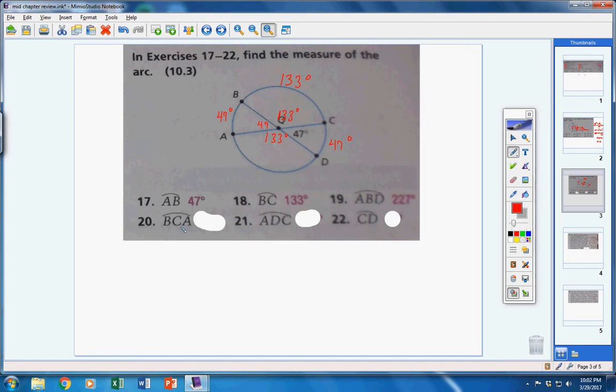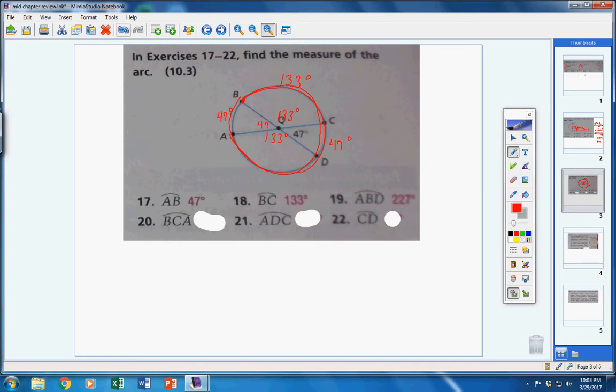Now, how about arc BCA? So from B all the way to C, all the way to A. Now guys, please listen and think before you start adding all these arcs together. Let's think for a second. If I were to start right here and go all the way around to here, that's 360 degrees, right?